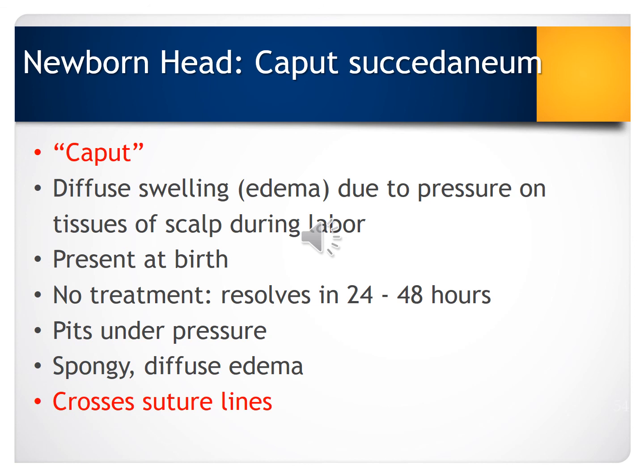Again, if you're going back to the fetal head anatomy, there are sutures in between the fetal bone plates, and this fluid crosses the suture lines. That's one of the differentiating factors between caput and cephalohematoma.